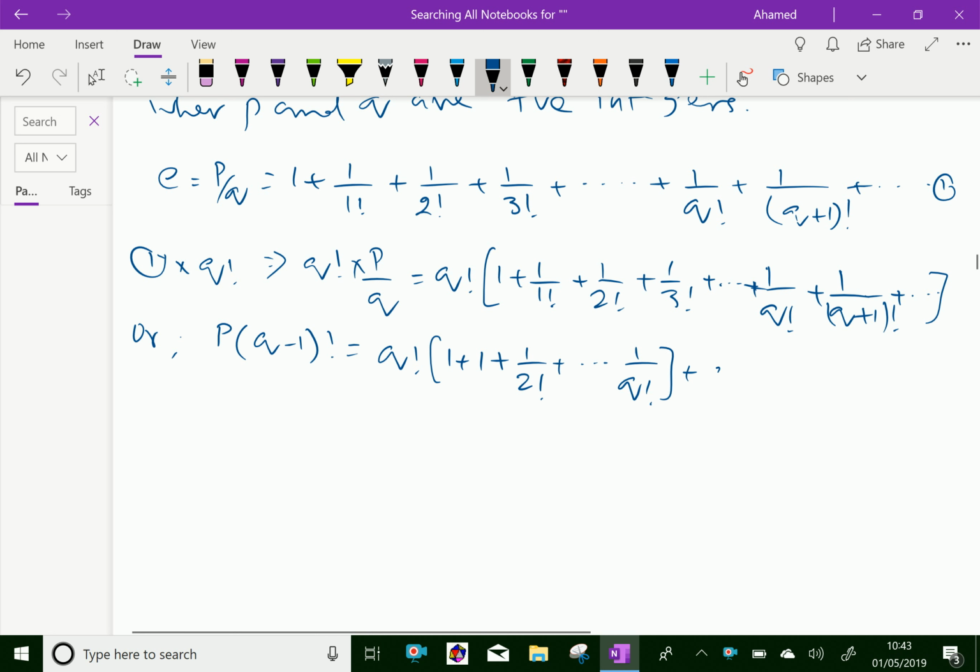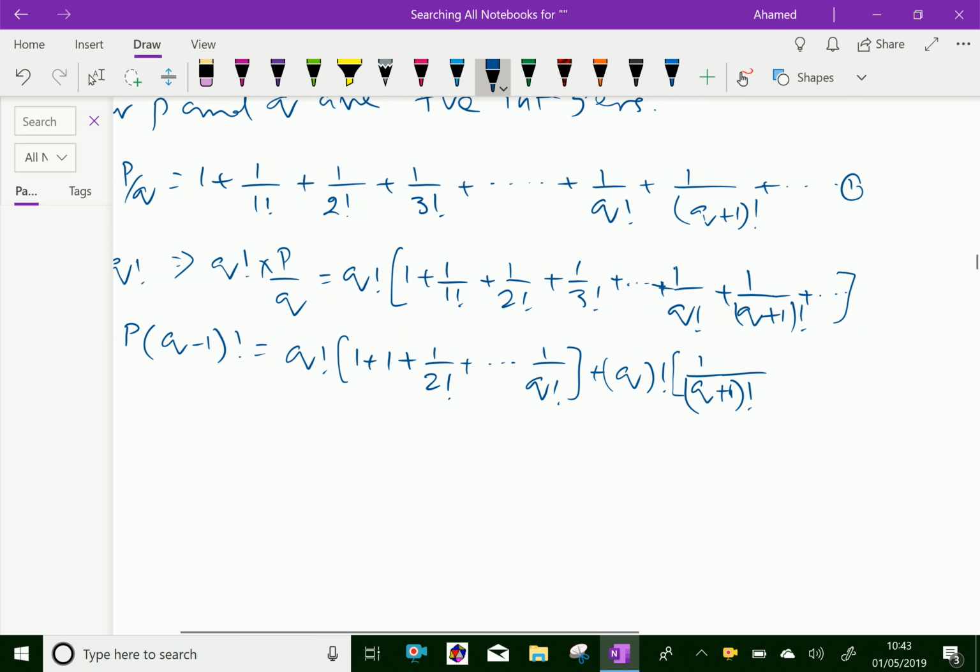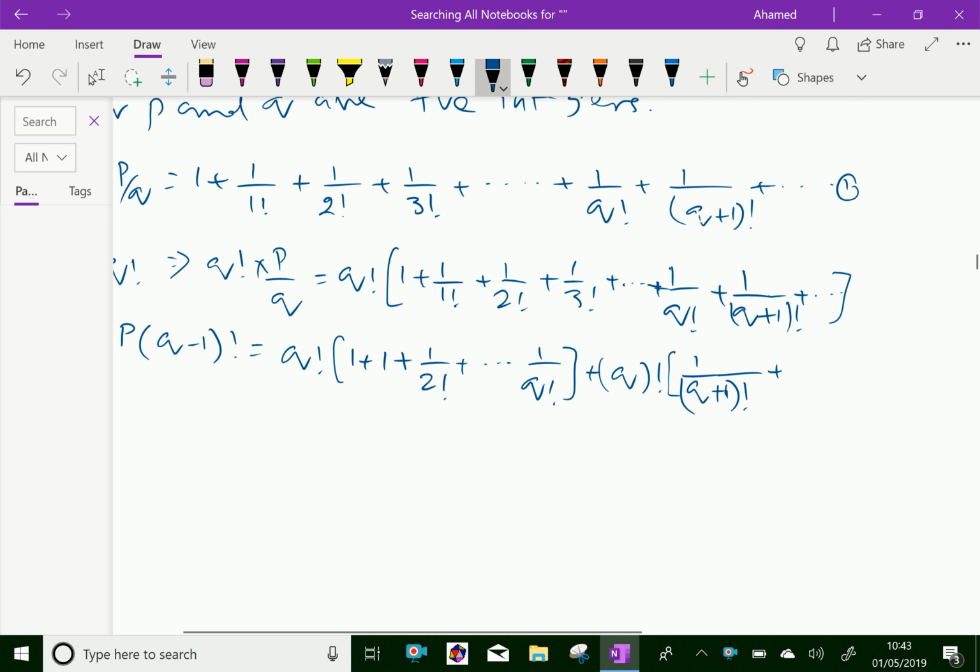Plus q factorial into 1 over (q plus 1) factorial plus 1 over (q plus 2) factorial plus dot dot dot to infinity.